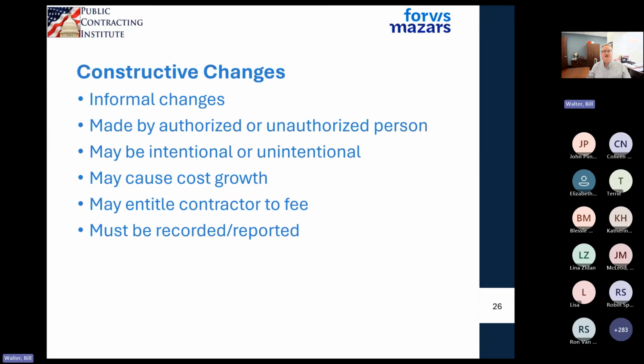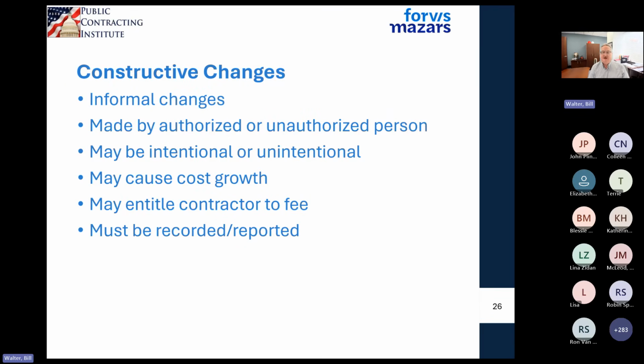And a constructive change. That's something that may not be associated with a formal modification, but it can be an informal change to the statement of work. Yeah, we want you to inspect it 3 times, not just the one that you included in your proposal. Okay, now I have additional steps that I have to take. They should be made by an authorized person. If they're made by an unauthorized person, it may be a little bit of struggle administratively to get it taken care of.